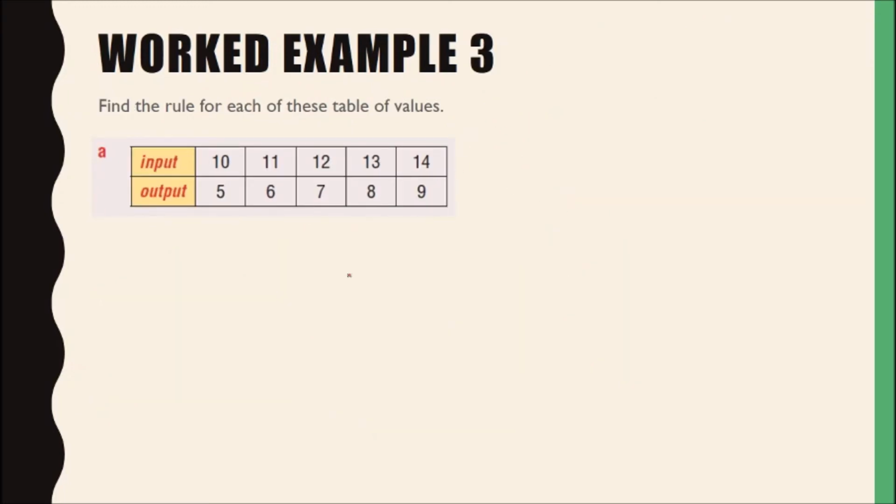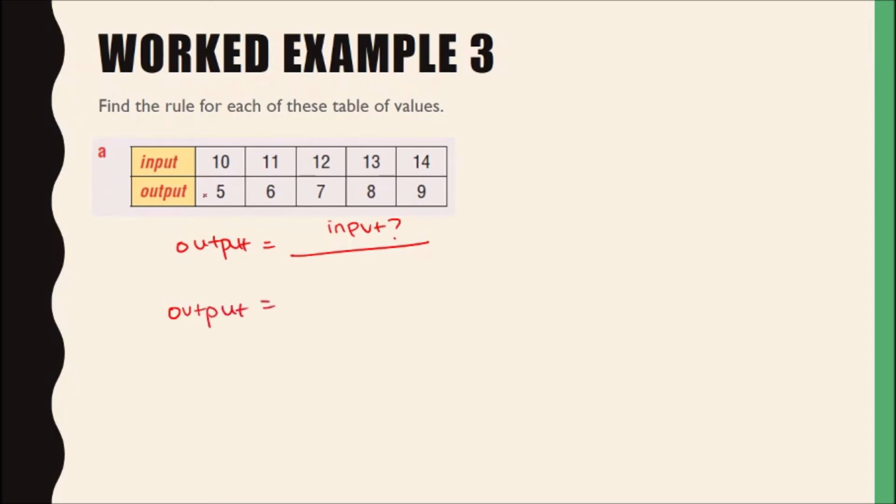All right, so now we need to find the rule of each of the table of values. So by looking at this rule, we know that it's always output equals something that has input somewhere in here. We just don't know what we're doing with the input. Now I can look here at the output.